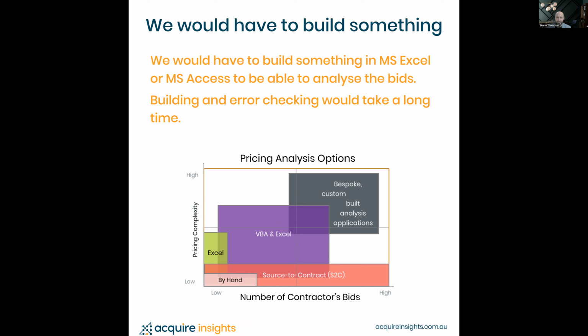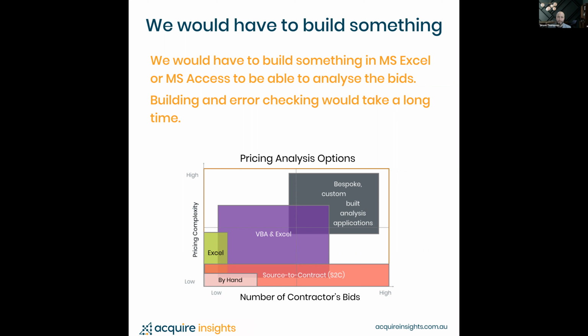However, once you start getting a larger number of bids, or the pricing complexity significantly increases, you have to build something up. So either in Excel, start using some code to load all these files in and create graph sheets and all these other things, or you have to build some sort of custom bespoke analysis tool.